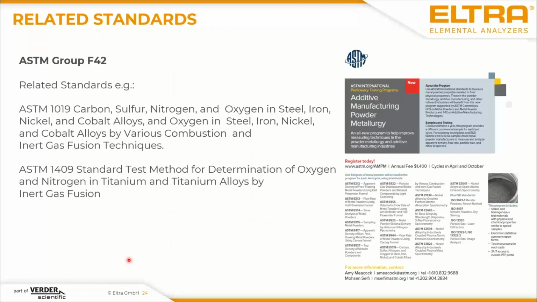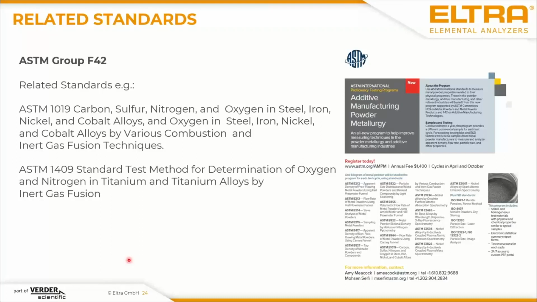ELTRA analyzers are measuring oxygen, nitrogen, hydrogen, sulfur, and carbon according to important related standards. Today's operators approach us and request an analyzer which is compliant to ASTM norms or DIN ISO norms.